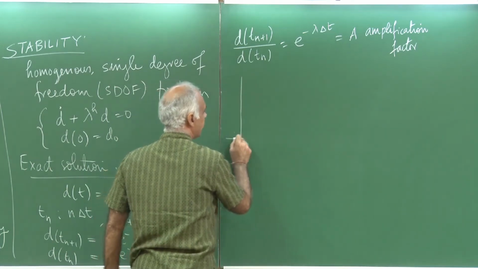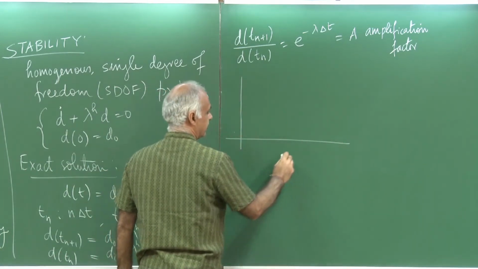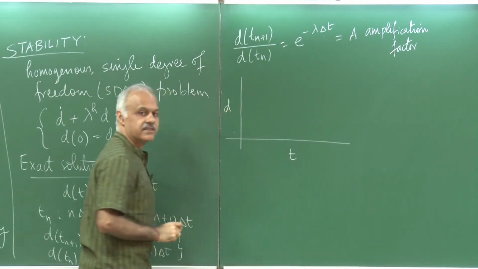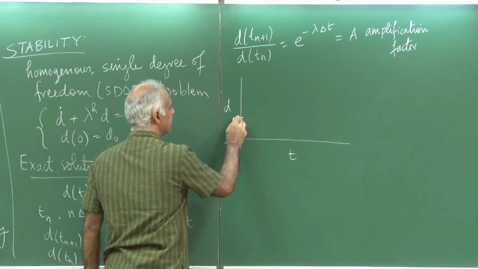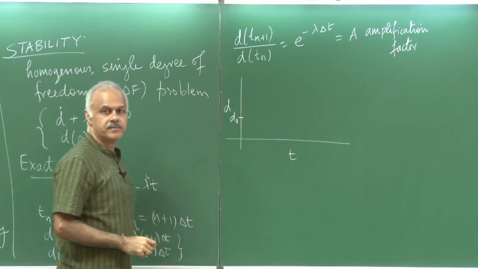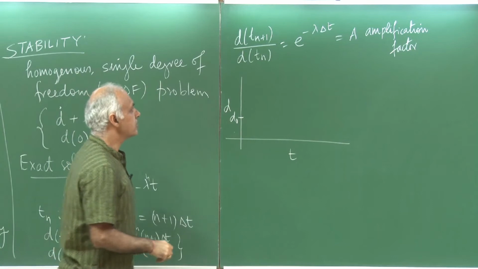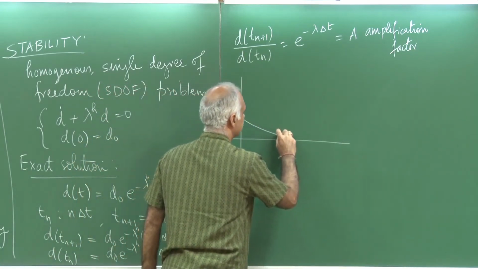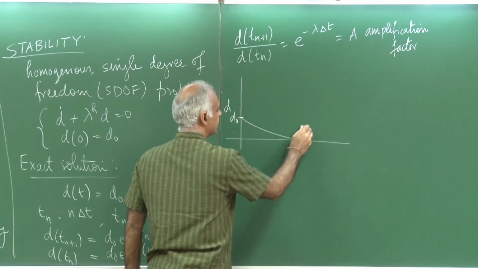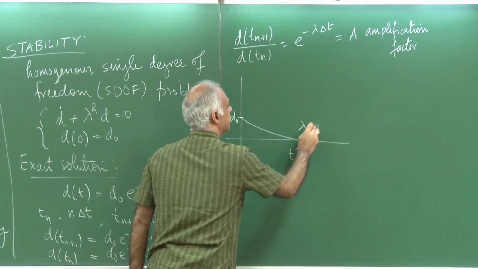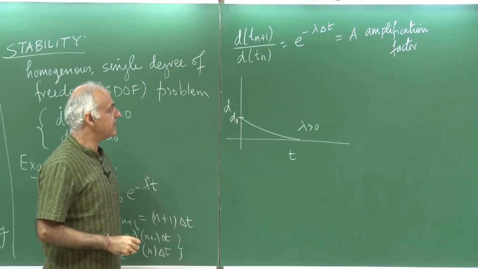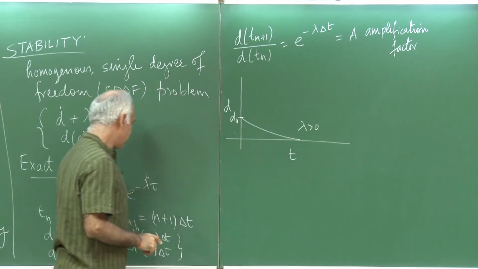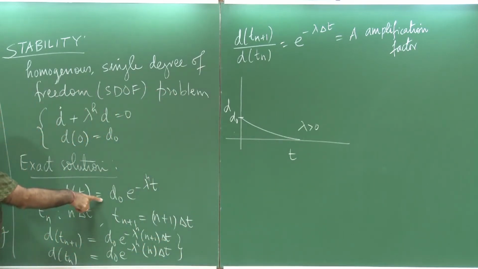Pictorially, this is what is happening. This is time, and let us plot this is d. At t equal to 0, my solution is d0. For values of lambda greater than 0, I am perhaps going to see a situation like this. So, this is lambda positive. If I take values of lambda that are negative, then of course this solution would eventually blow up, that you can see from here as well.